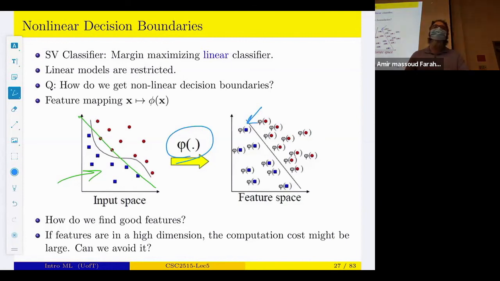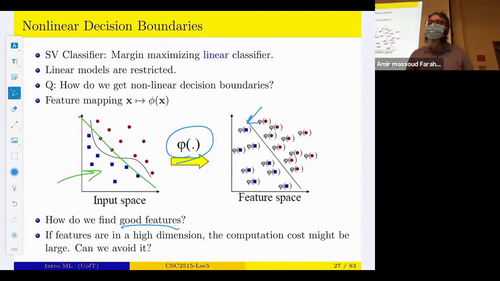Of course, one question here is how can we find good features? Previously we talked about polynomial features, but there are Fourier bases, we can choose them, and many others. That's one question that we generally have to answer if we want to go through this path. The other question is that if the features are very high dimensional, or map the input to a high dimensional space, then the computation cost might become large.